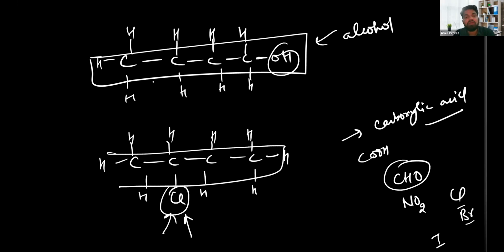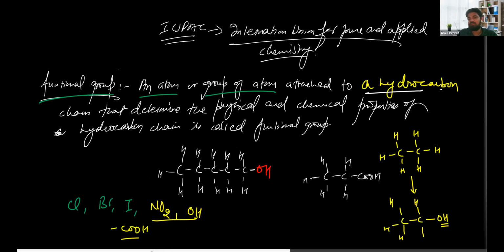So we call it a functional group. You understood? Yes, sir. So what is a functional group? An atom or a group of atoms attached to a hydrocarbon chain that determines the physical and chemical properties of the chain is called a functional group. Note it down.